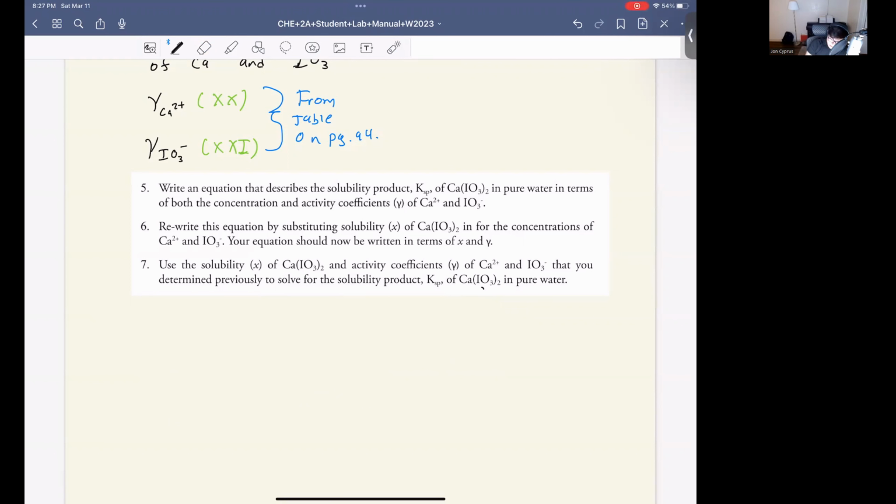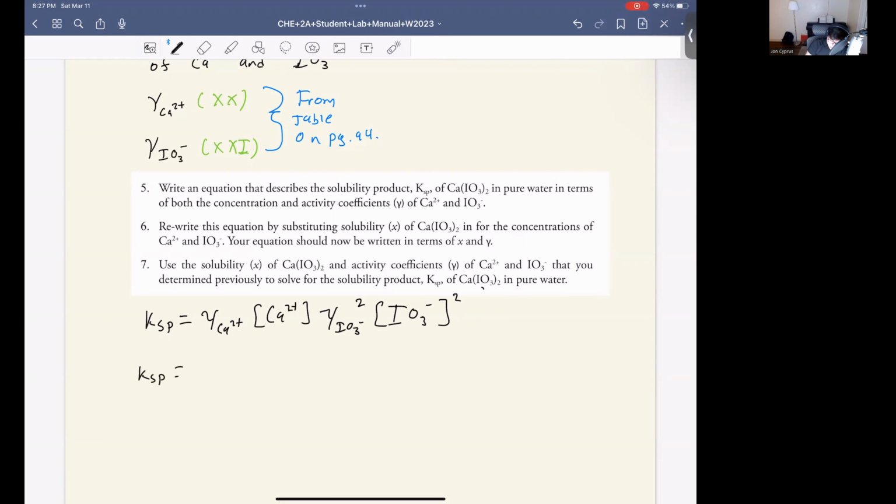So this KSP expression is going to be what we did before. This is the activity coefficient of calcium times the concentration of calcium, exactly the same expression, times the activity coefficient of iodate times the concentration of iodate. This is all squared. So that is squared and that is squared.